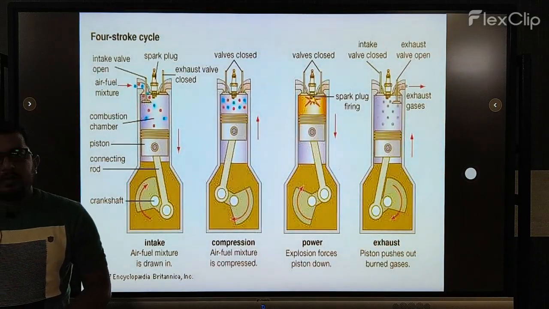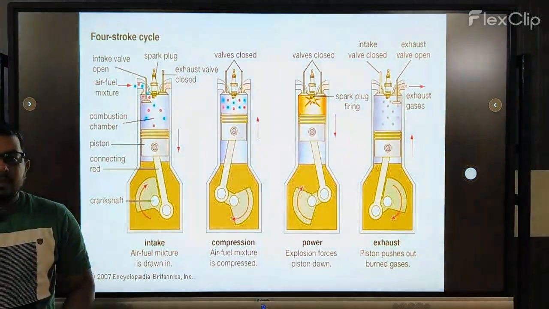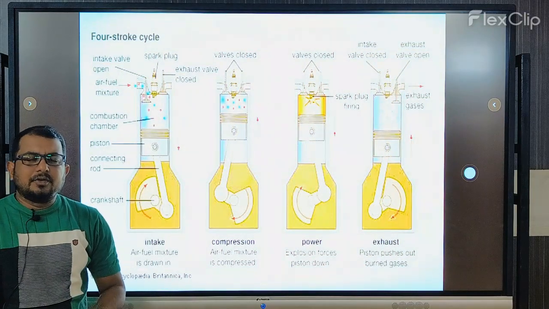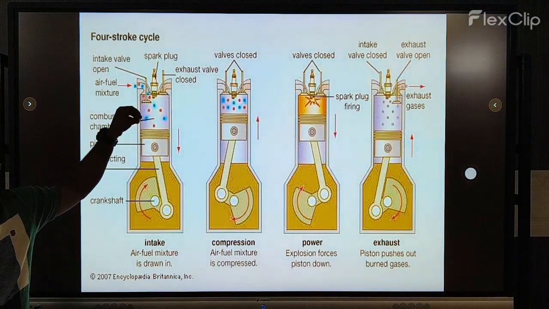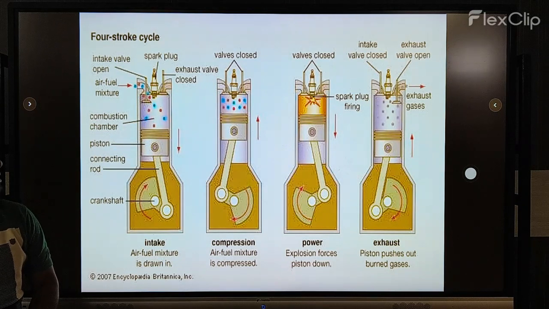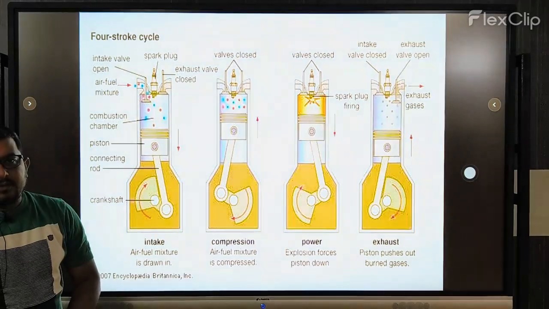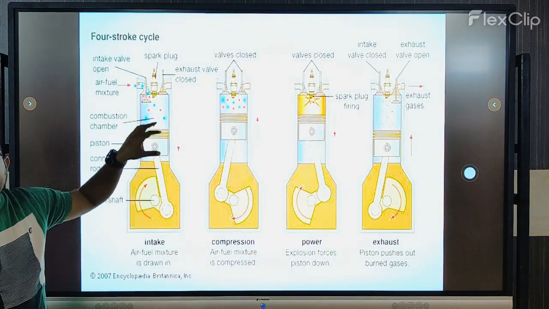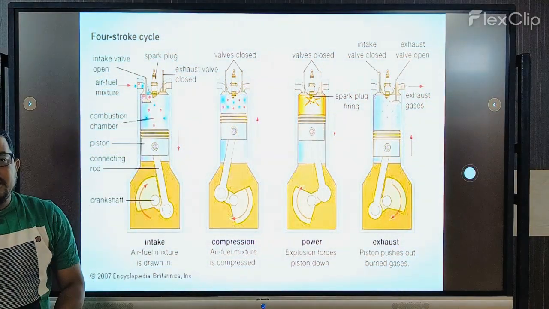During the first stroke, the air and fuel mixture enters the cylinder. You can see the exhaust valve is closed, so that no mixture will pass out of the cylinder.